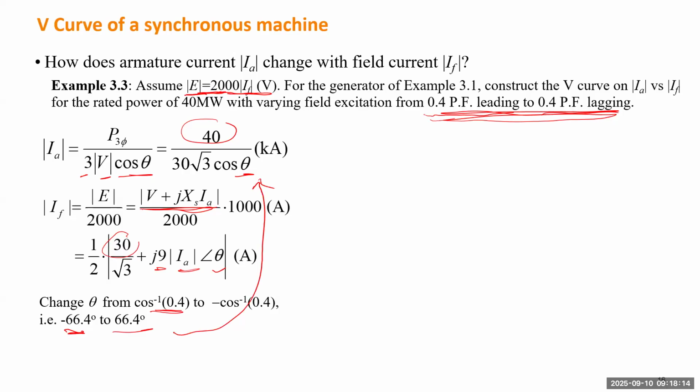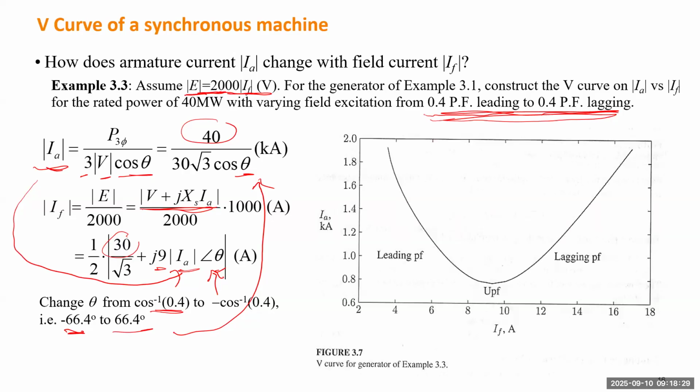That will tell you the armature current for each angle. Then you give that current to the second equation, also providing the angle, so you will get the value for the field current. Then you'll be able to draw this curve. This is just to give you an idea of how the field current changes with the armature current, or armature current changes with field current.